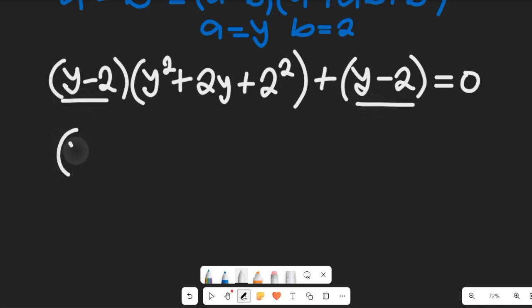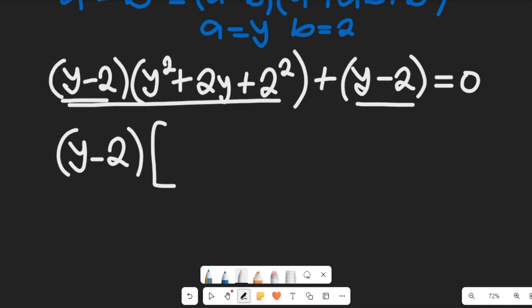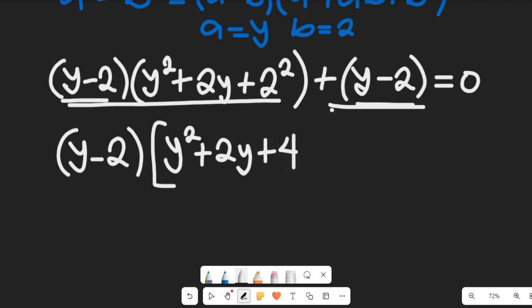So we're going to bring out 1 y minus 2, and that y minus 2 will be divided by all of these, and if we divide all of these by y minus 2, we're going to have left y squared plus 2y plus 4. And if we divide all of these by y minus 2, we'll be left with plus 1, and all of these will be equal to 0.